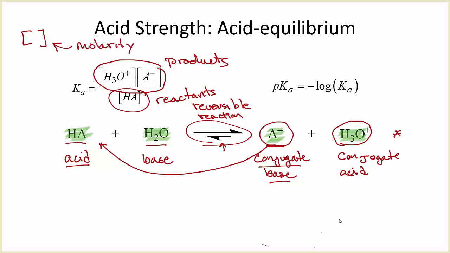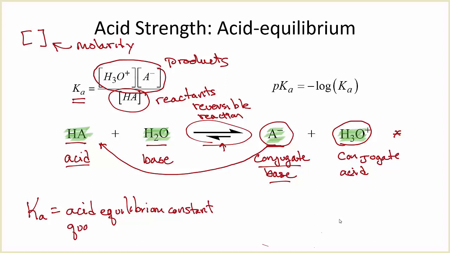So what we have in this letter here, Ka, is known as the acid equilibrium constant. We have a way to measure or quantify the strength of the acid. So we can quantify acid strength.